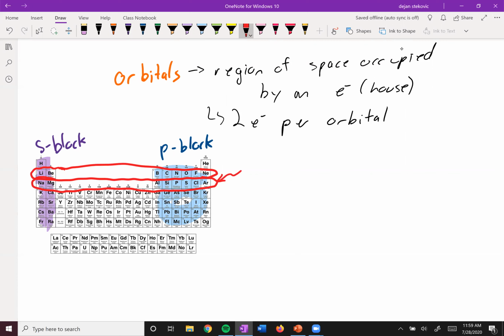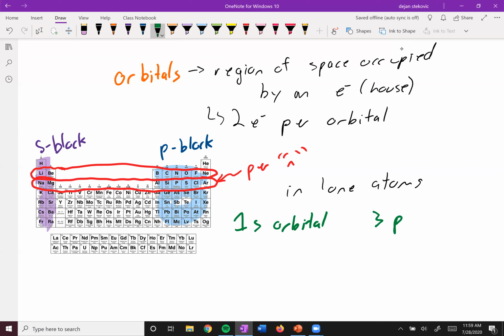So per n, in our lone atoms, we have 1 s orbital and then 3 p orbitals. 1 s orbital contains 2 electrons, and 3 p orbitals hold 6 electrons. Remember, in organic chemistry, we more or less just ignore the transition metals.